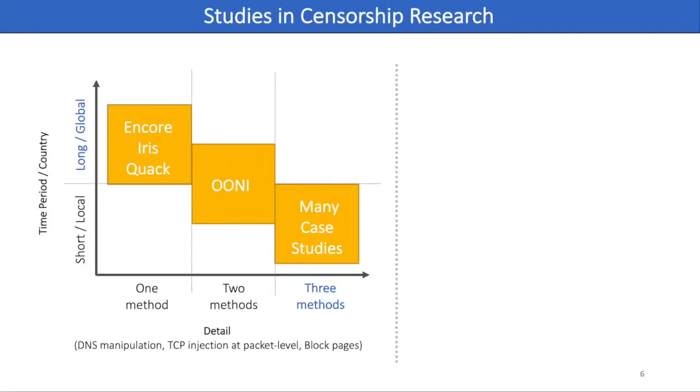They show details of measurements, but their approach is not sustainable over the long term on a global scale. Iclab, IRIS, and Quack have a good broad range of locations to be measured, but are limited to detecting only one censorship method. These works have done well and give us some good insights. However, they could not give a complete view of censoring with continued global monitoring.